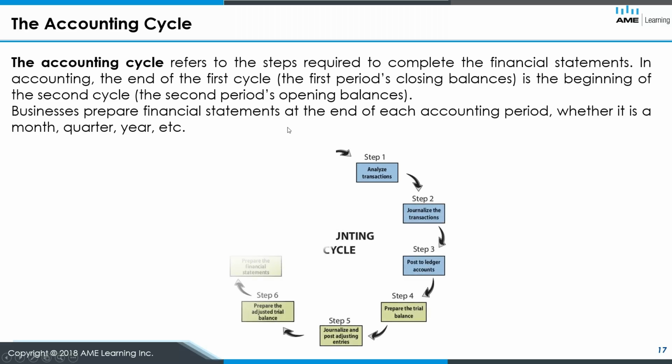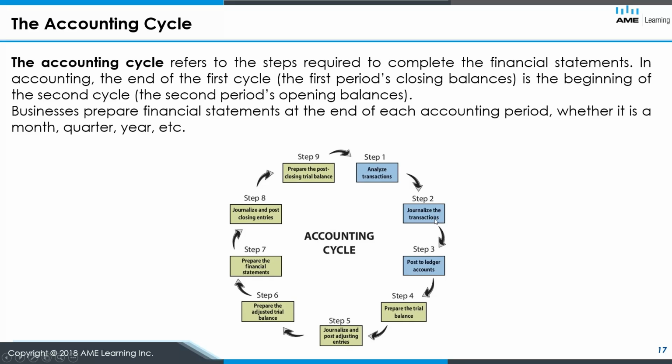When we mention this whole idea of the accounting cycle, you can see a diagram of it here. It's really the whole process of accounting: analyzing the initial transactions, recording these in a journal as a journal entry, posting these to the ledger accounts, preparing a trial balance, posting adjusting entries, and preparing an adjusted trial balance. Then we're going to create financial statements, which we've seen already.